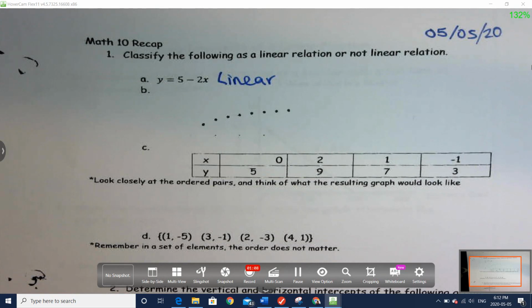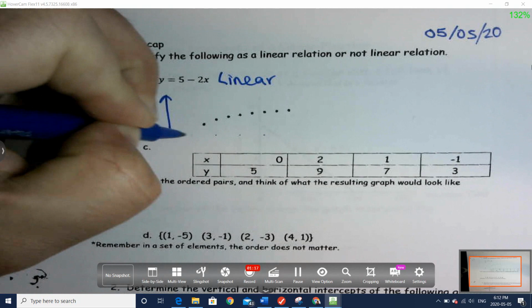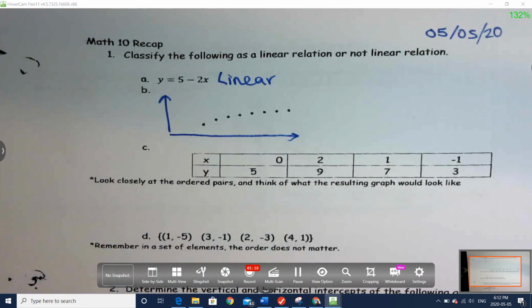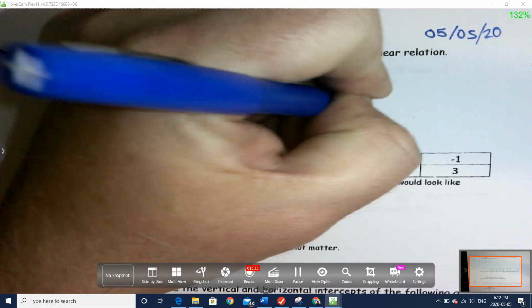If I used a graph or table values, it would turn out to be a solid straight line. If I take a look at this one, and it didn't turn out beautifully, with the x and y axis there, we have a non-constant increase in the y, or the dependent variable, for each equal increase in the independent variable. So this is not linear.